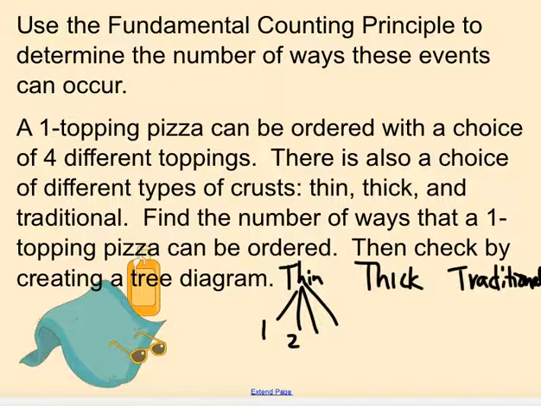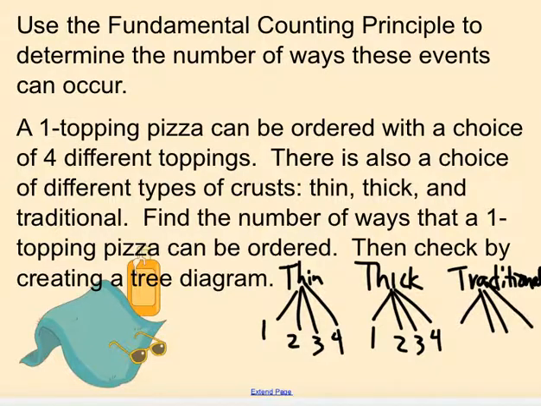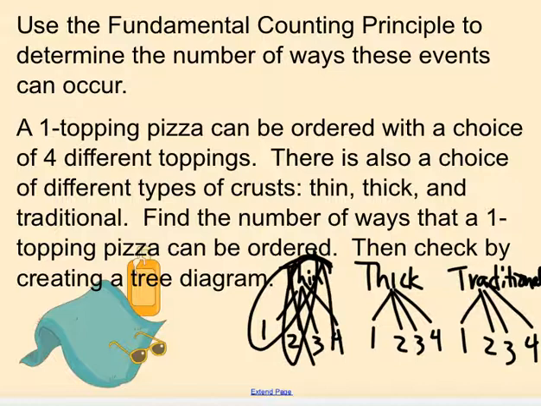So we have 1, 2, 3, and 4 for each one of these. So we see we could have 12 total possibilities. We could have thin with the 1 topping, thin with the 2 topping, thin with the 3rd topping, or thin with the 4th topping, and we could do that all the way down, meaning that we will have 12 different choices for this pizza.